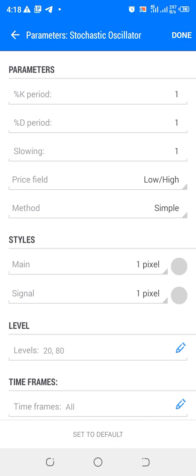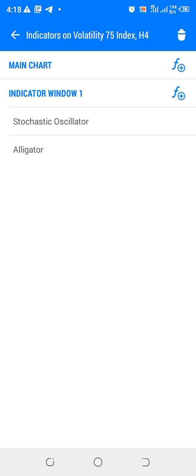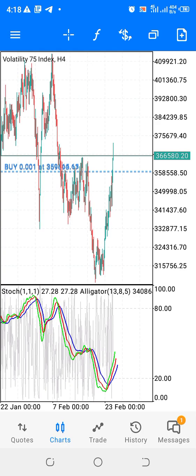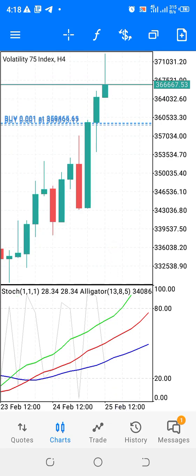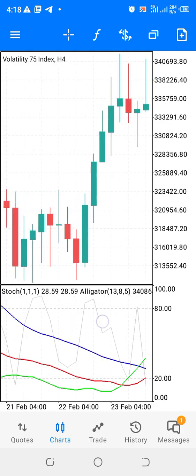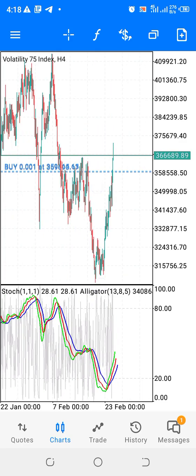The price field is low and high, and the method is simple. For the styles, you can put your own color, but I prefer gray, because the stochastic will not be the main thing you look at, so we can keep it faded. Down here in the levels there is 20 and 80. When you click okay and go back to the chart, you can see the faded lines down here in the indicator window. Those are the stochastic.